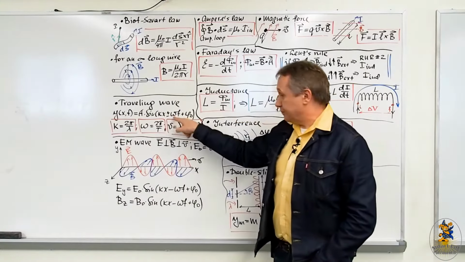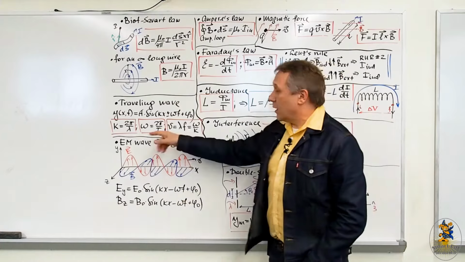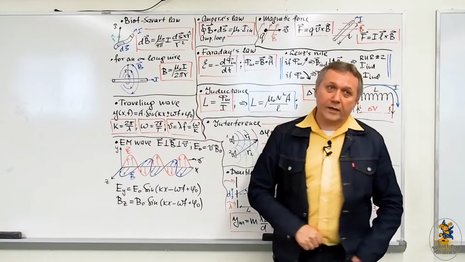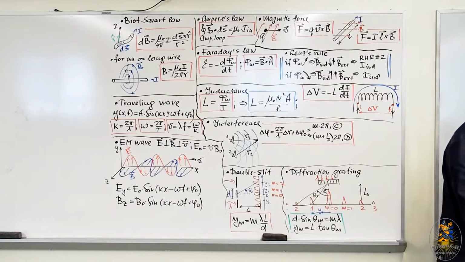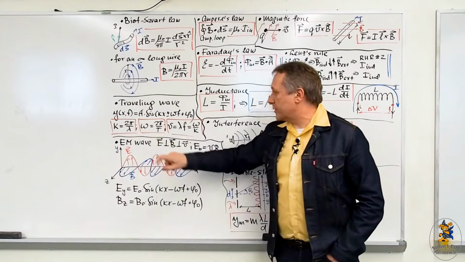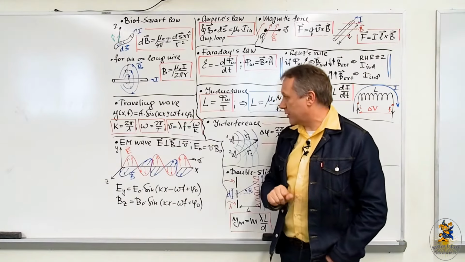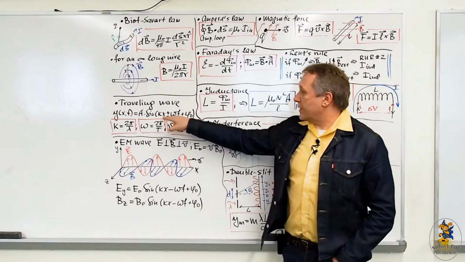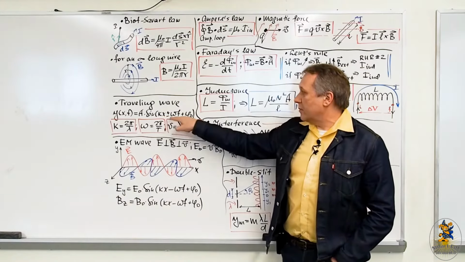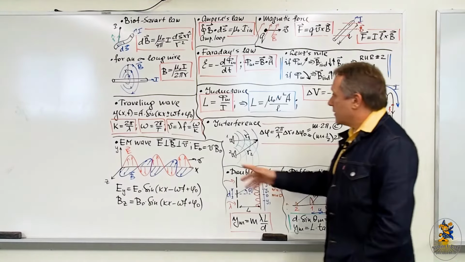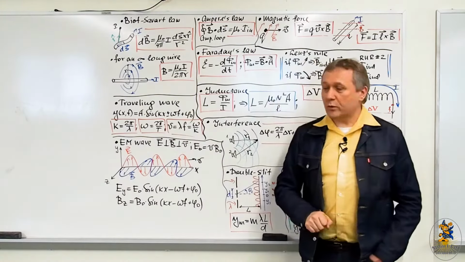Then omega, the angular frequency, is basically the temporal frequency, introduced as 2 pi divided by the temporal periodicity. Then plus means the wave propagates in the minus x direction, and minus indicates the wave propagates in the positive x direction.